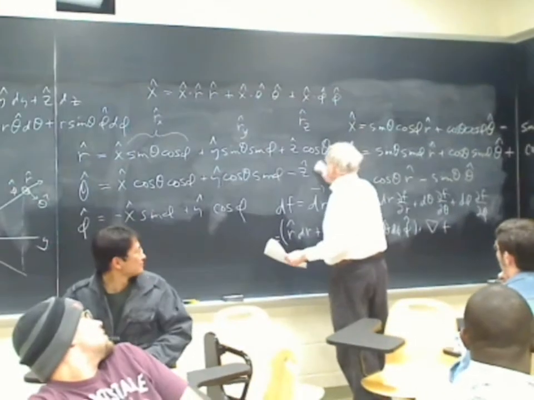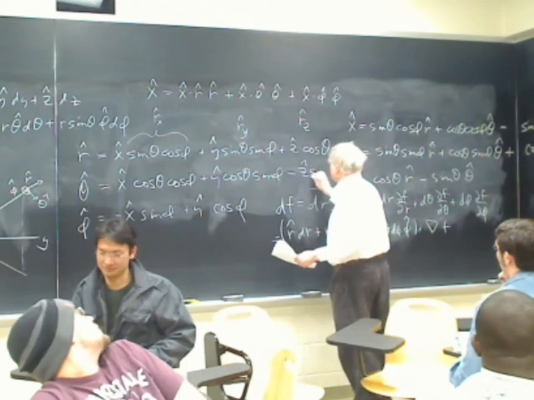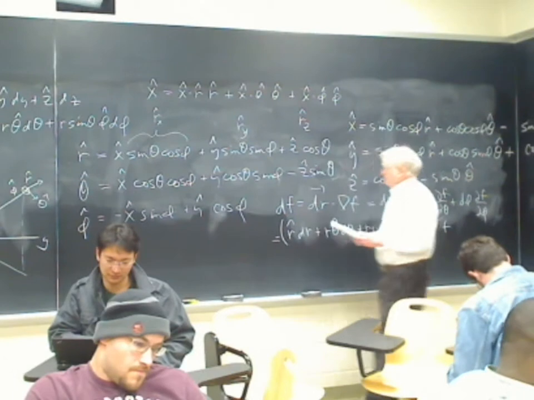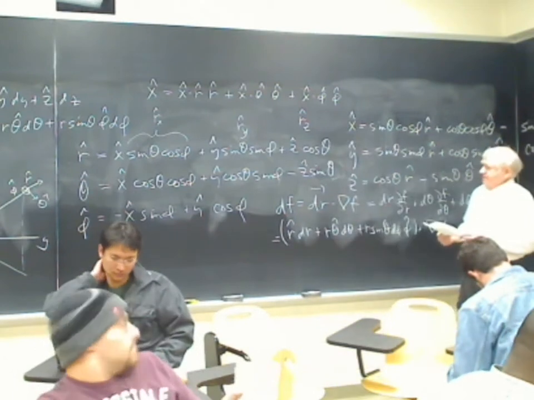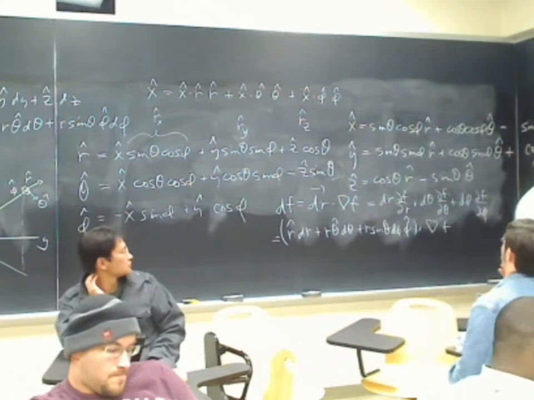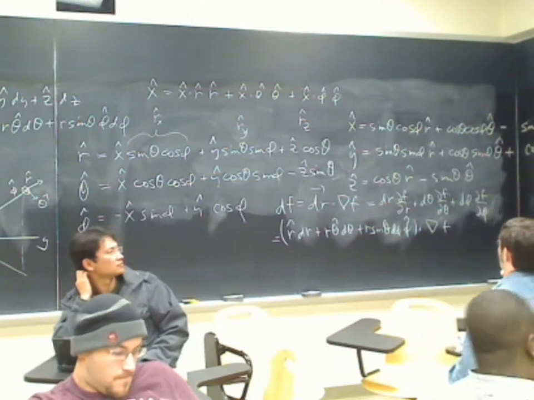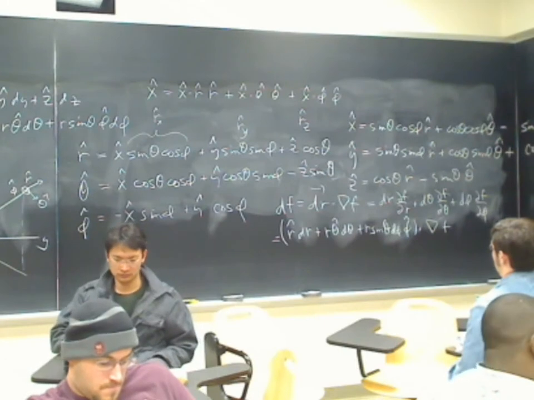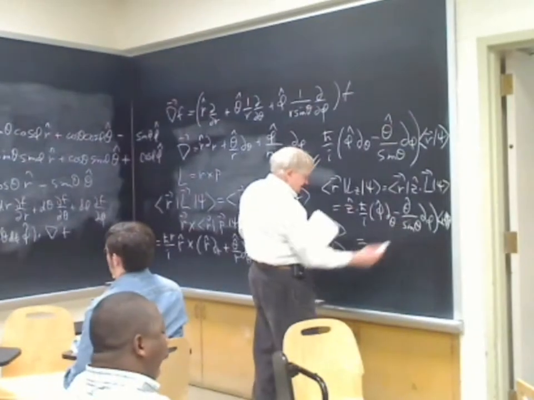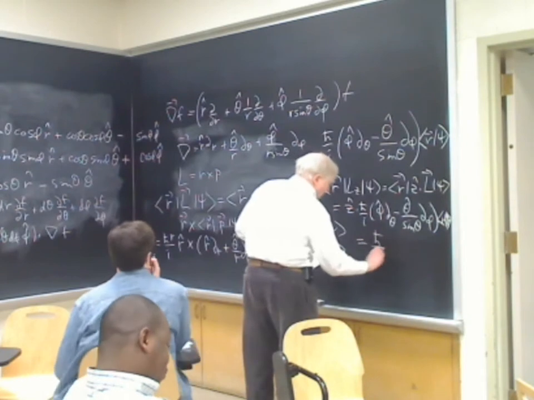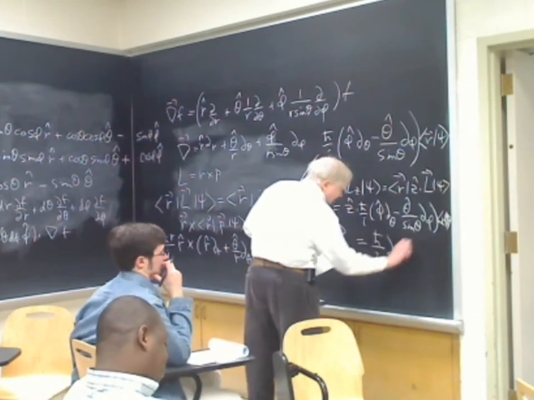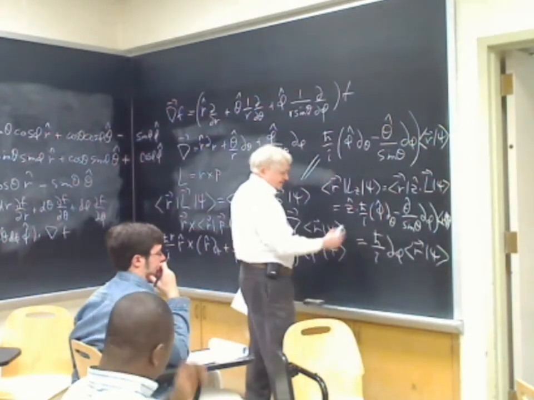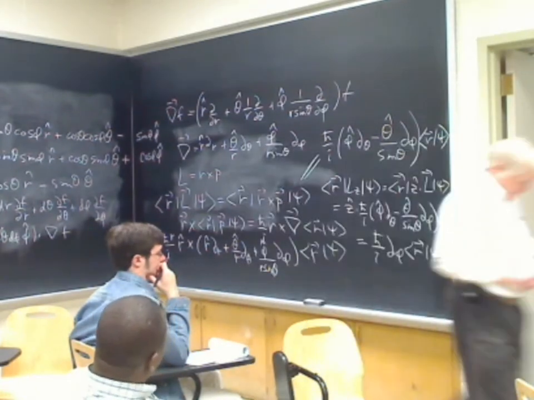This is a sign. So z hat dot theta hat is minus sine theta. And so this is simply z hat dot that is minus sine theta, so that cancels. So this is just h bar over i d by d phi of r sine. And that's something you've probably seen before.